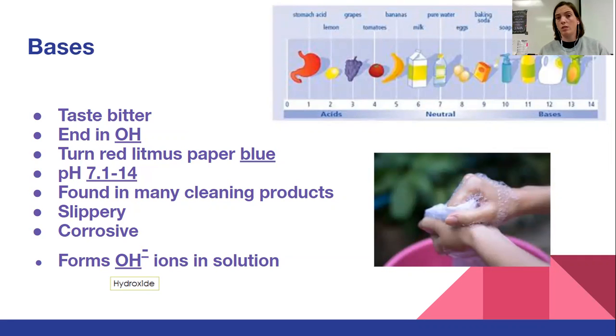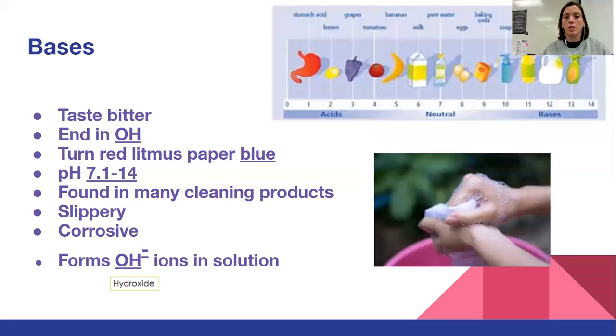This time, if you have the red litmus paper or the red algae, it will change to the color blue. So to remember bases, I think of bitter blue bases, the three B's. The pH scale for bases is 7.1 to 14, with the higher the number, the stronger the base. Again, we'll talk about the pH scale more in a few minutes.